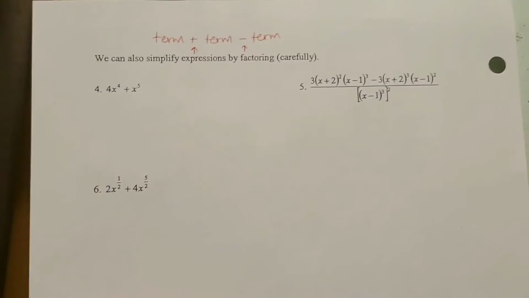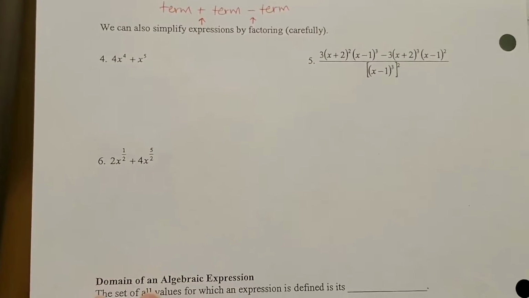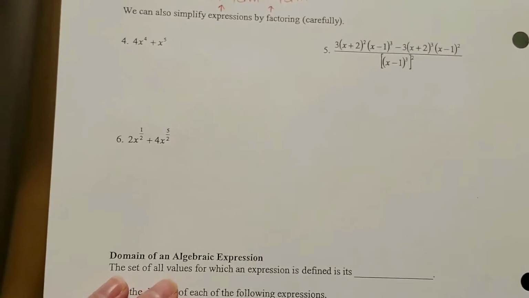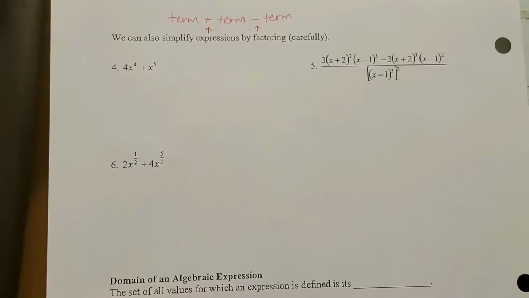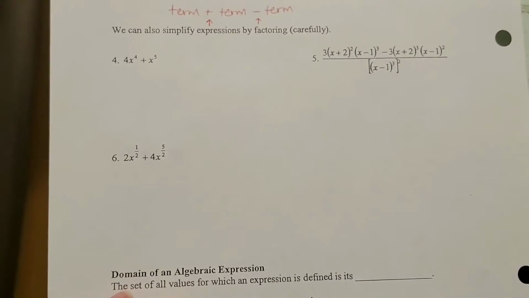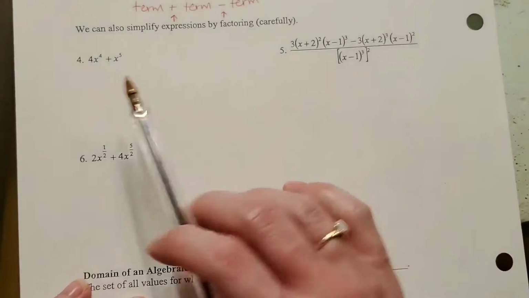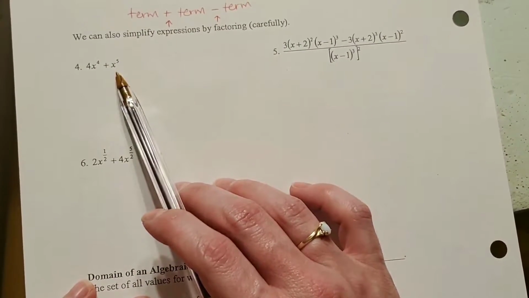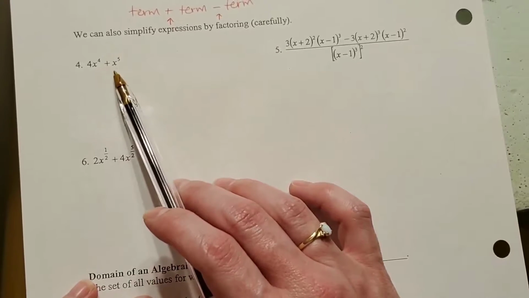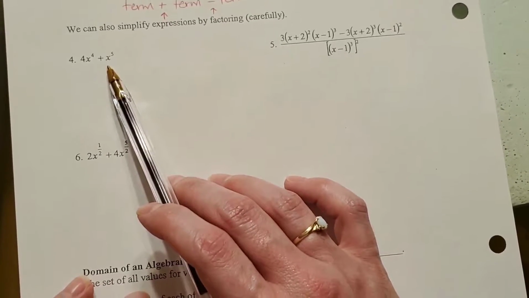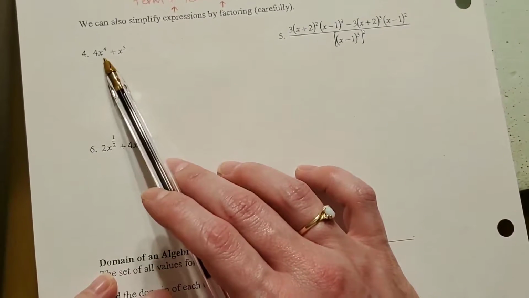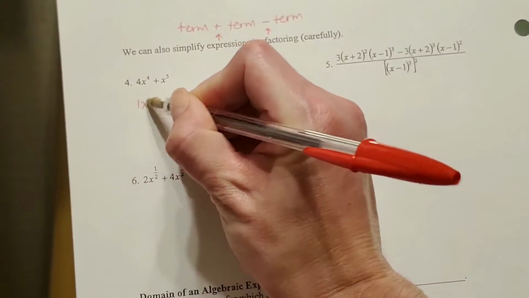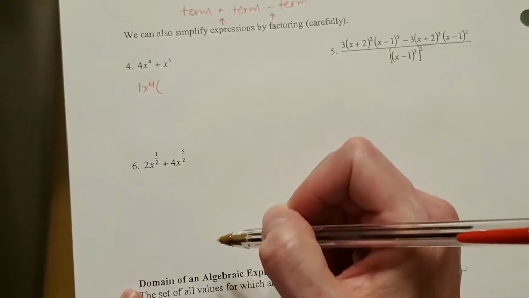Okay, so on number 4, you have 4x to the 4th plus x to the 5th. So you need to think about what number you can factor out and then what exponent to a power you can factor out, okay? So if you've got 4 and 1, the biggest number you can factor out of both of those is going to be a 1. If you look at your powers, you can only factor out as much as you have. So x to the 4th is our smallest power. So we could factor out a 1x to the 4th from each one of these terms.